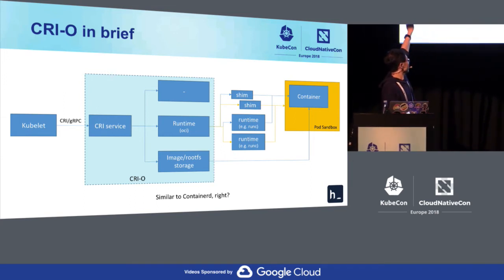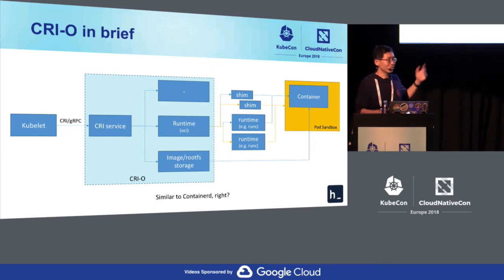The CRI service will call the runtime parts and the image and rootfs storages to create the rootfs for the containers, and to launch the pod sandbox and the containers. That's quite similar because they are both for the same job, so that's reasonable.